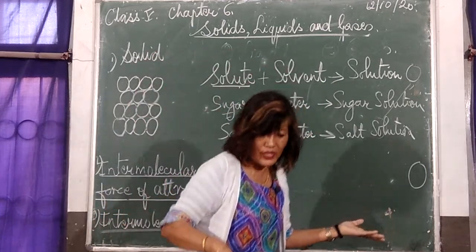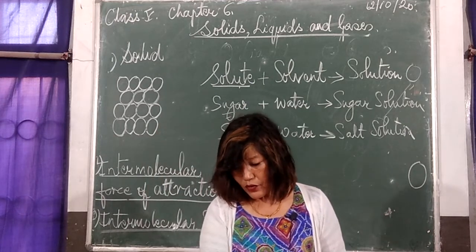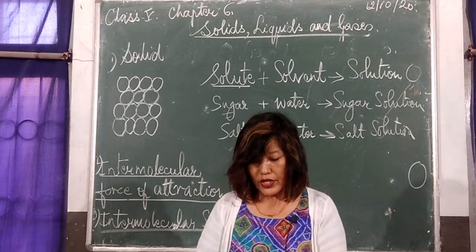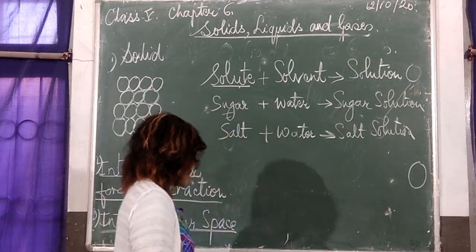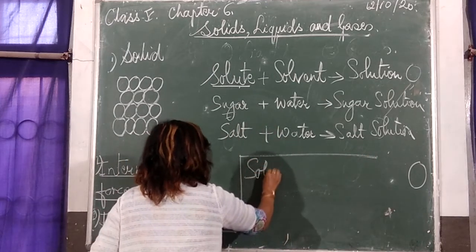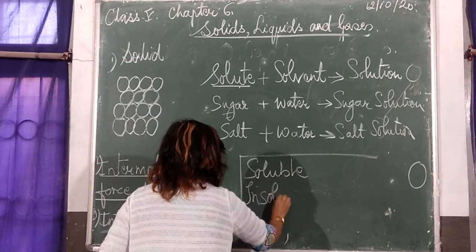It's fun, right? Now, the substances that will get dissolved in a liquid are of 2 types. One is soluble, and the other one is insoluble.